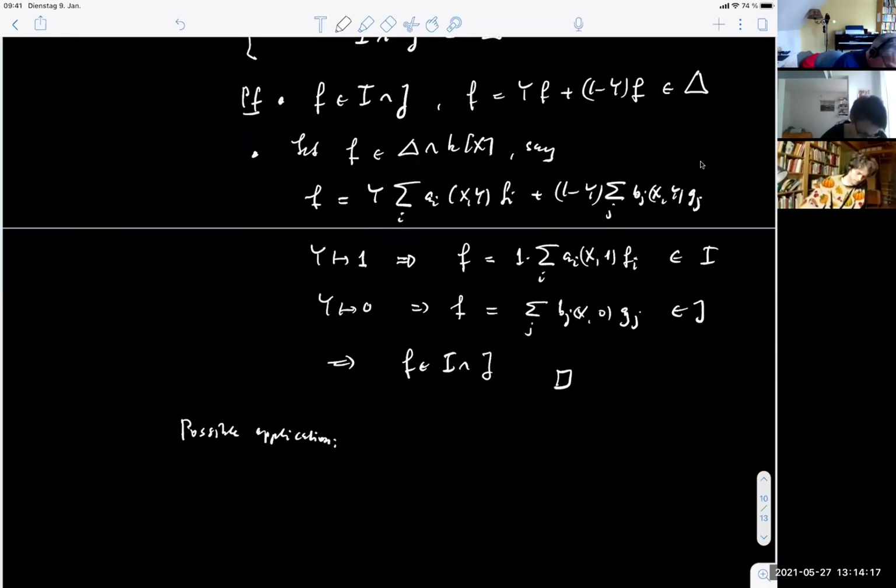Actually, I'm not 100% convinced of this application, but it's in principle possible. How could we compute GCD of multivariate polynomials? Okay. How?